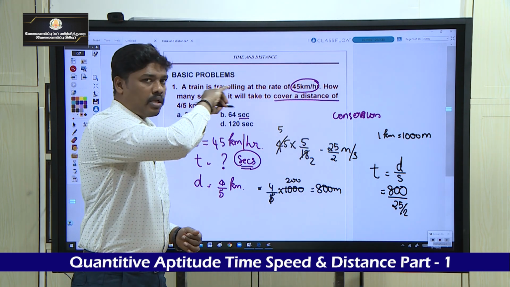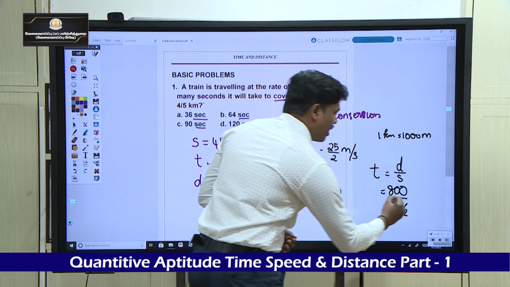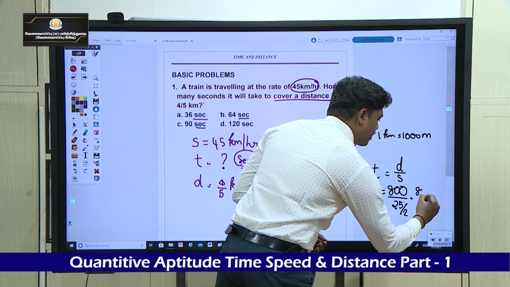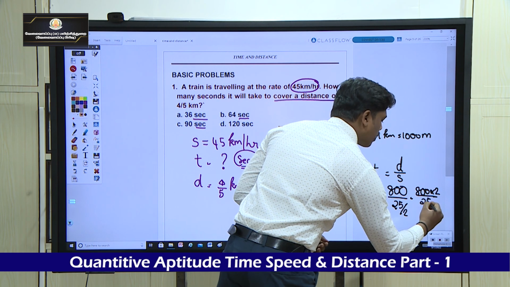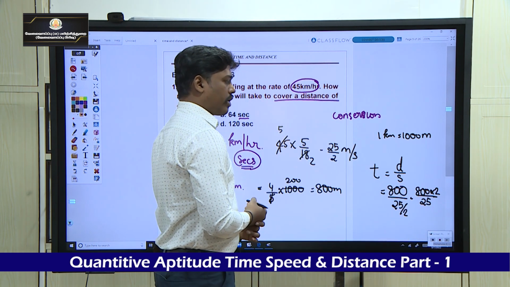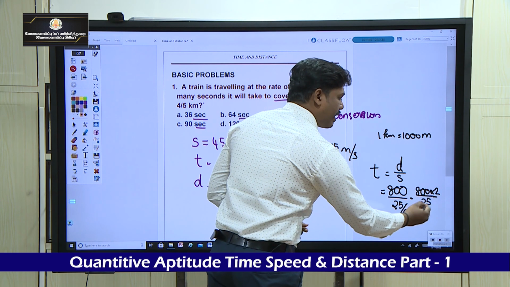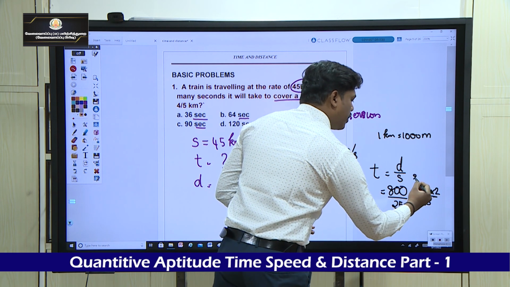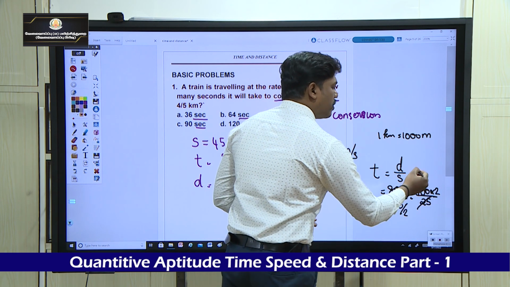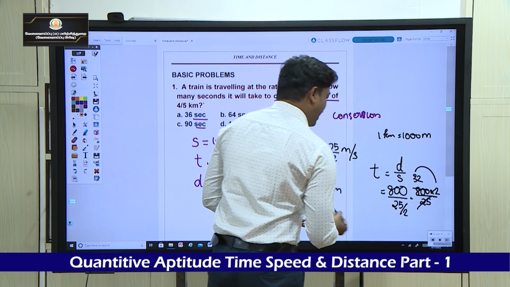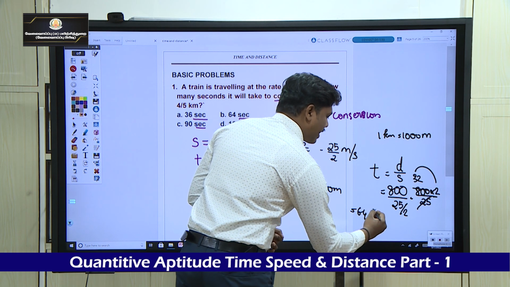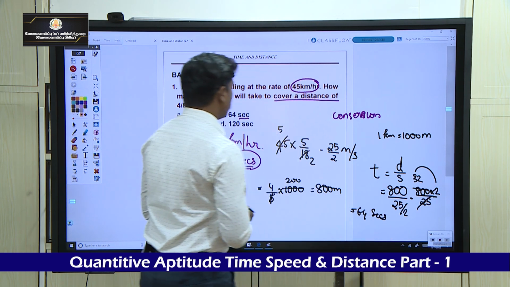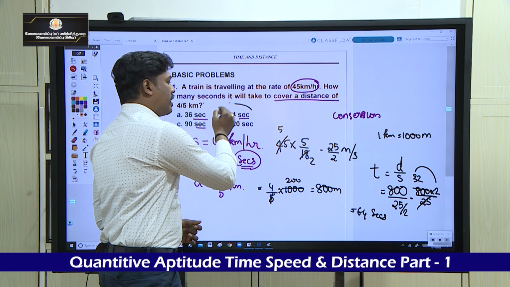The 2 goes to the numerator. So you will be having 800 into 2 divided by 25. Okay. 25 1 times 25, 32 times 800. So 32 into 2 you will be getting 64, which is 64 seconds. So your answer is option B here.